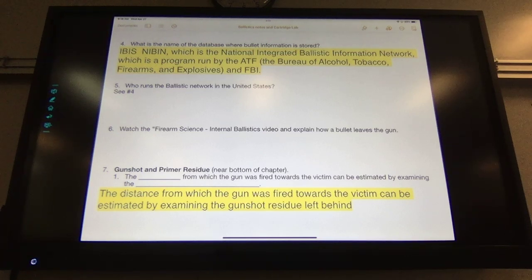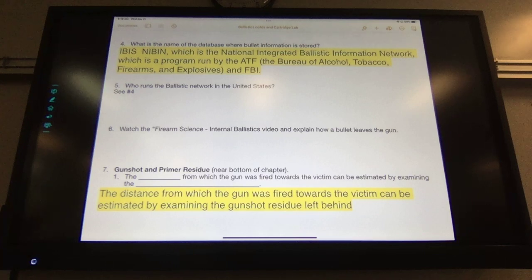And this could really help to determine what happened at the crime scene. So the residue gets pushed out quite a distance. So the distance from the gun that it was fired, it can help determine how far the target was from the gun that went off.